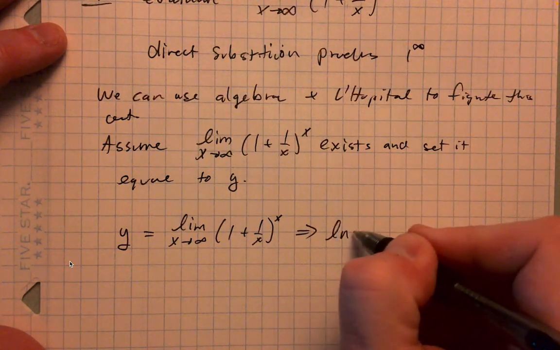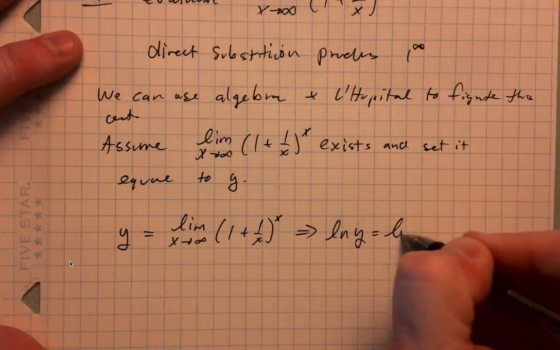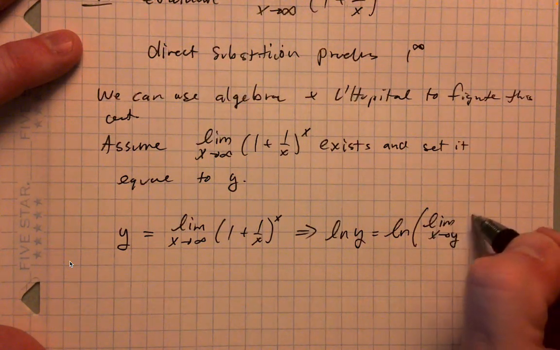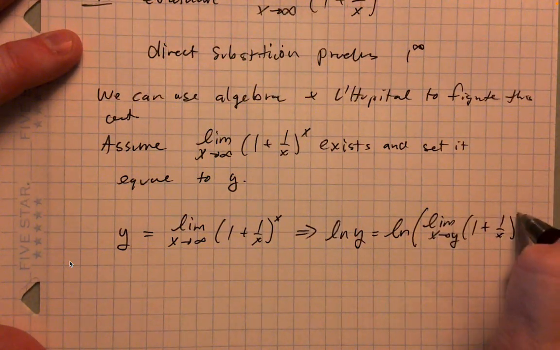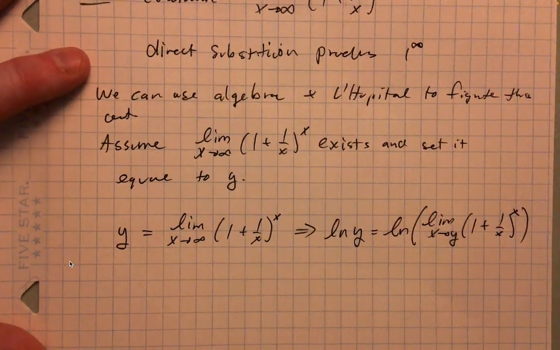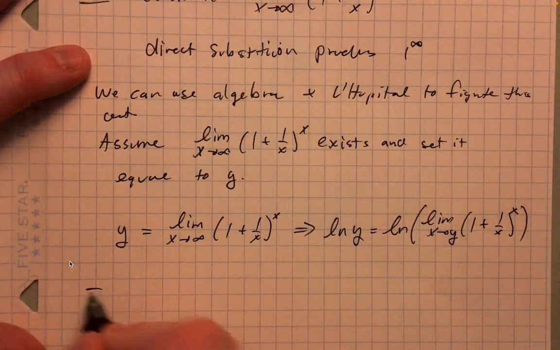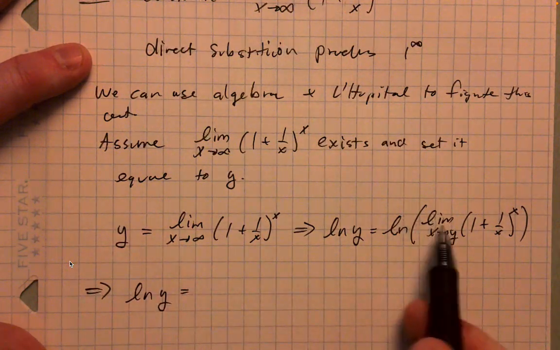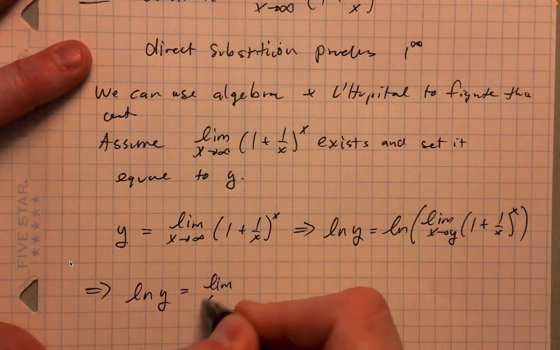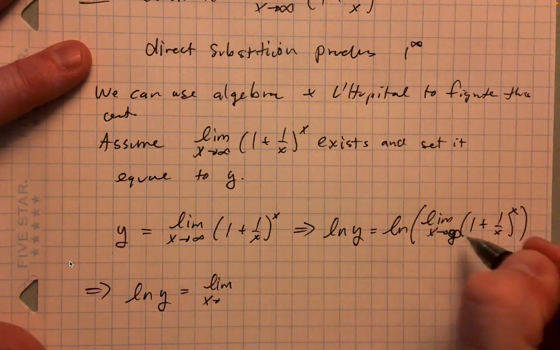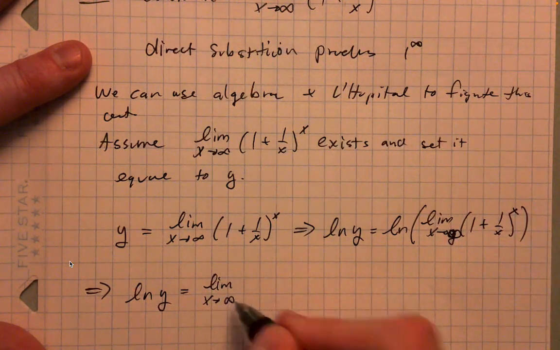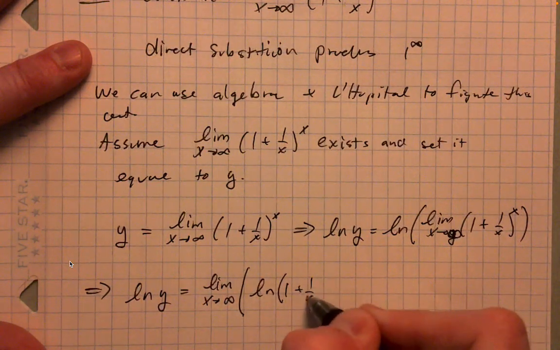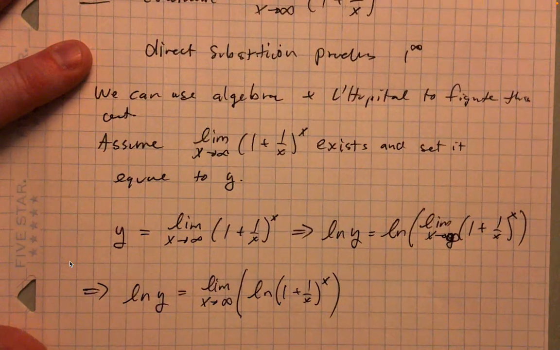If I take the natural log of both sides, then it's perfectly legal for me to say that the natural log of y equals, and I can swap these two, the limit as x approaches infinity of the natural log of 1 plus 1 over x to the x.